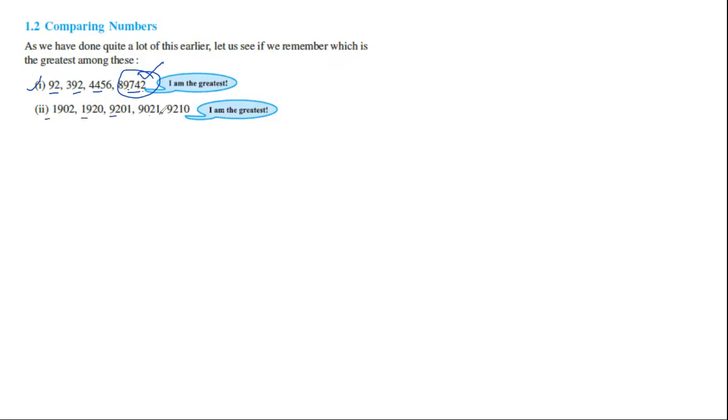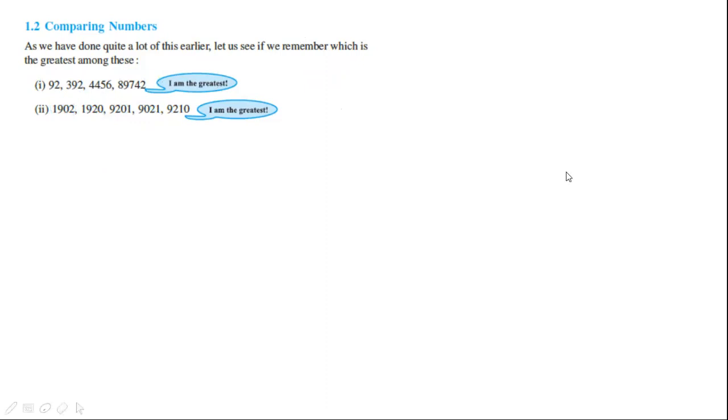Out of these three, I'll decide fast. It is 1900, it is 92, obviously these two will never come. Now this is 92019, 92021, 9210, so obviously this will also not come. Now I'm left with only these. 201 will come first or 210? Obviously 201, right?